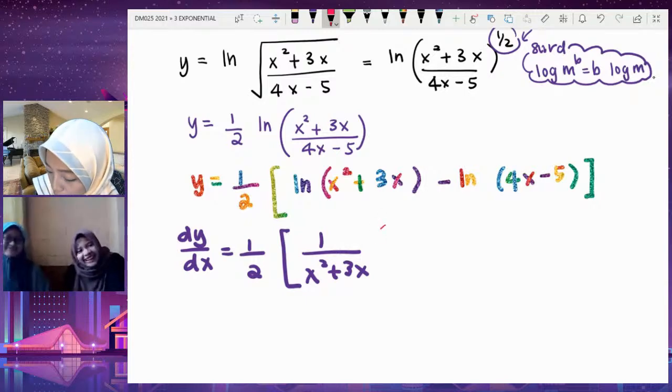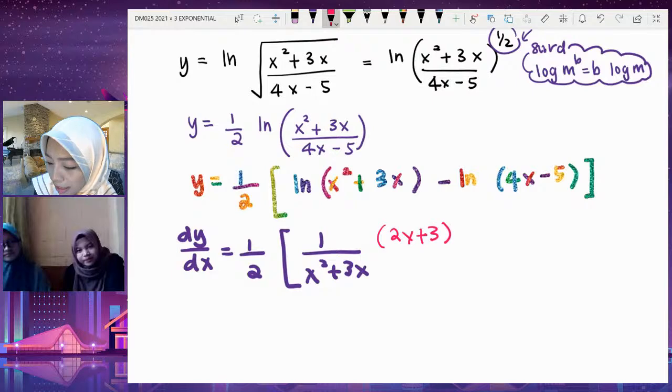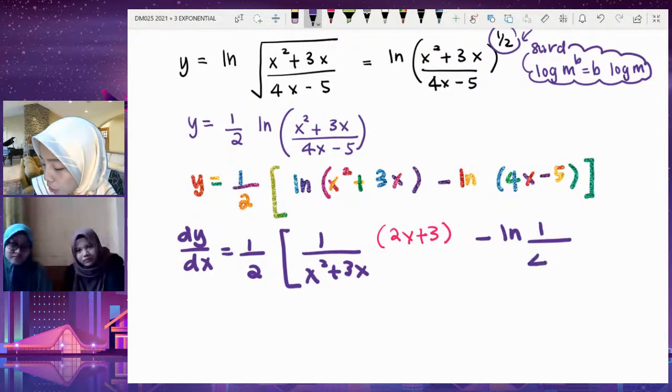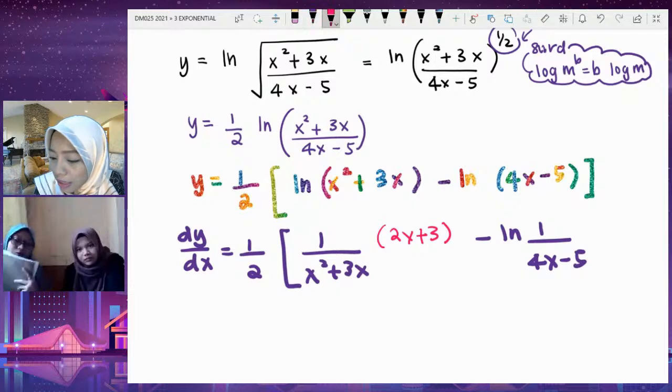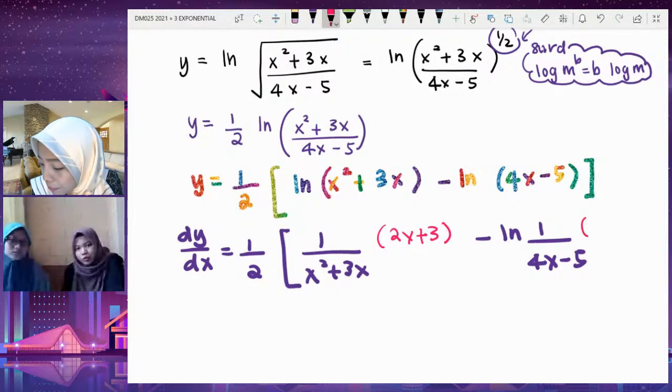Okay, 2x plus 3. Exactly. And then minus ln, 1 over 4x minus 5, multiplied by what? Multiplied by what, dear? 4.